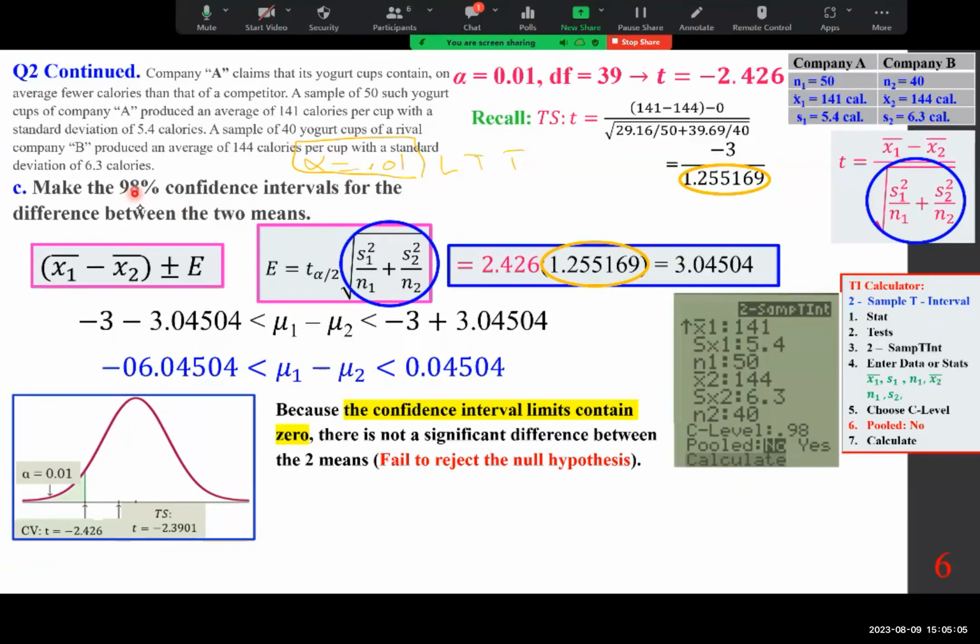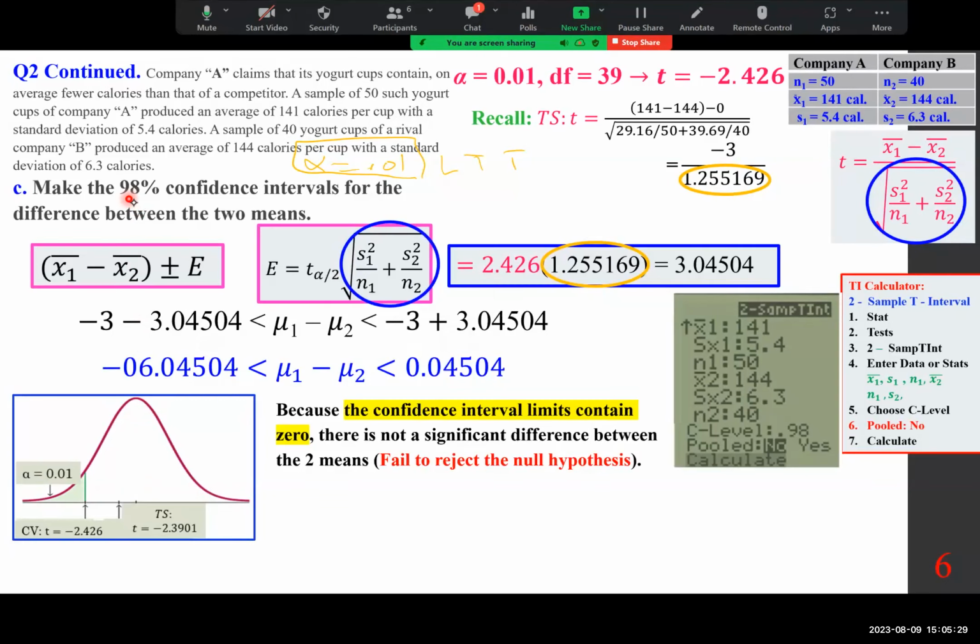If it was a 2 tail test, we would need a 99% confidence interval for it to be the same. If this is 0.01, and you make up another 0.01 here in the middle, you have 98%. Each tail has 0.01, so in the middle we have 98%. That's why we have 98%.